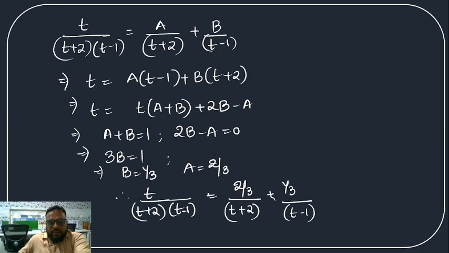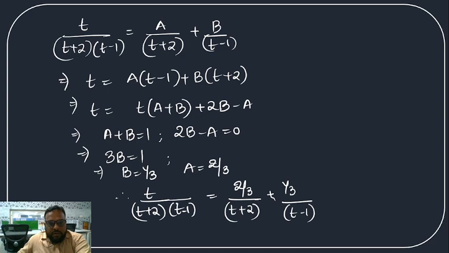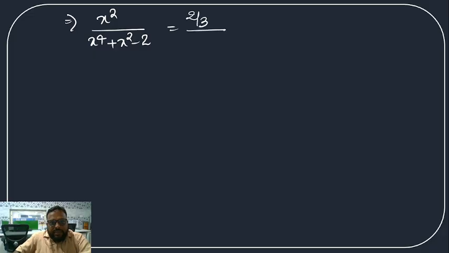Now when I resubstitute t as x square, finally what will I get? x square by x to the power of 4 plus x square minus 2 equals 2 by 3 by x square plus 2 plus 1 by 3 by x square minus 1.